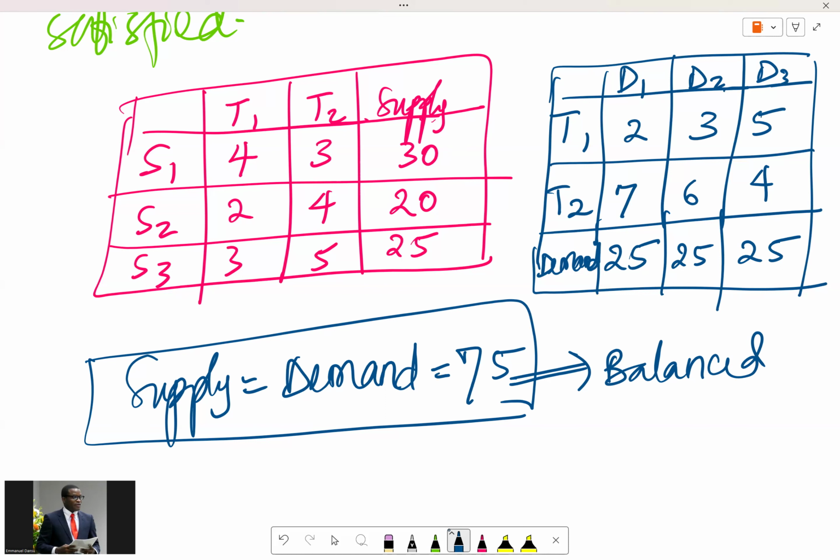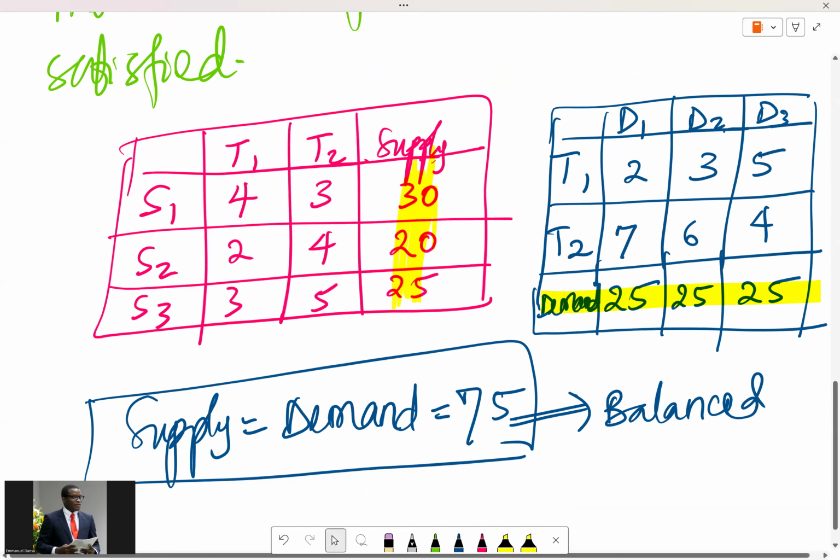But here we have a balanced situation. It doesn't have to be balanced, that's what I'm saying. If it is not, I'll talk about the possibilities we get in that situation.